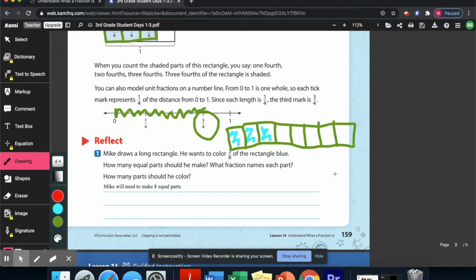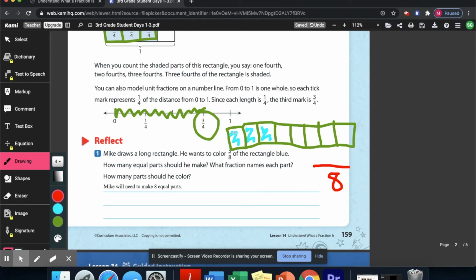So if I wanted to draw it, for example, or write down my information, I can. That's totally fine. You can do that on your practice sheets. So we have 8 total. That's going to go at the bottom. It's going to be your denominator. But I need to know what these are called individually. Easy peasy. We just did this earlier when we counted them. 1/8, 2/8, 3/8, and I can keep going all the way to 8/8, which would be 1.